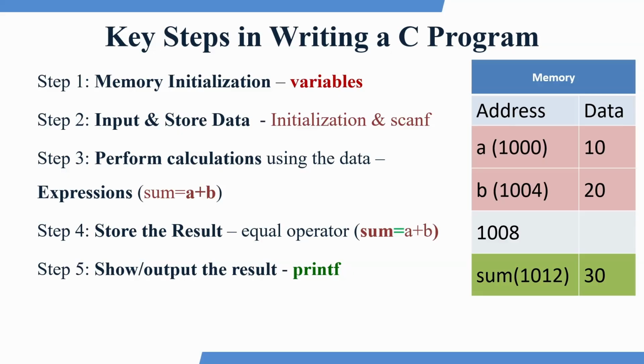Only those symbols can be used to write mathematical operations, not descriptive statements like we use in math. We have to follow the methods and symbols provided in the C programming language.